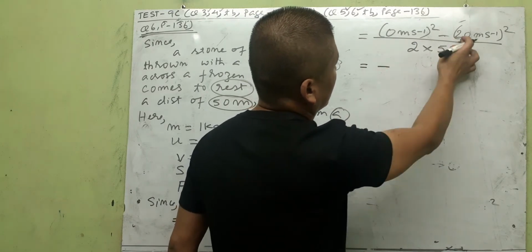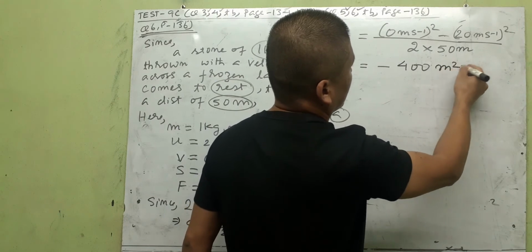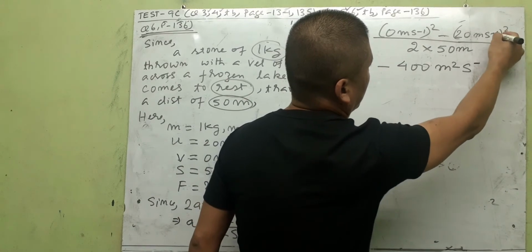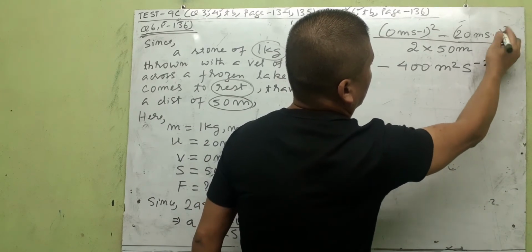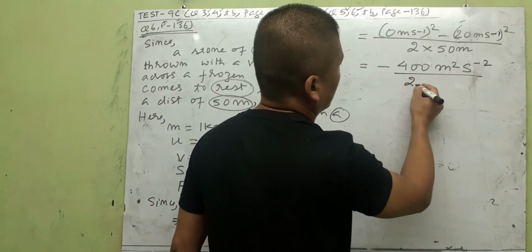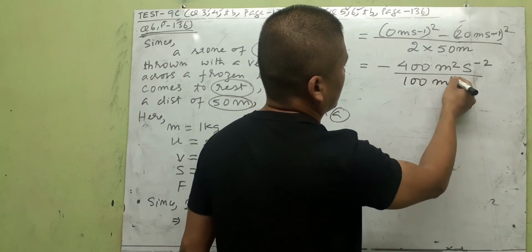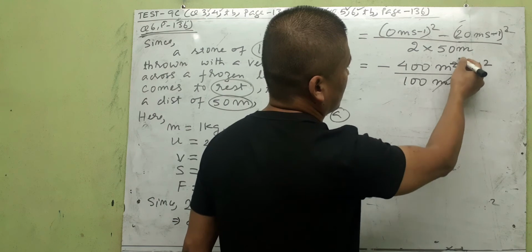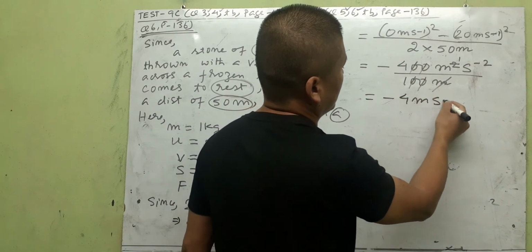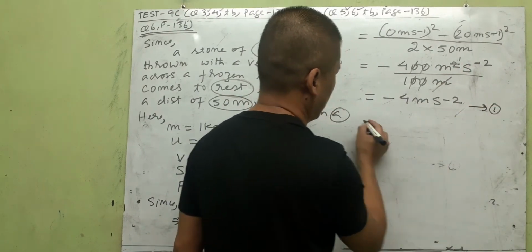Then 20 into 20 is 400, and meter to the power 2 is meter square, second to the power minus 2. Divided by 2 into 50, 100 meter. So I'm getting minus 4 meter per second square. So this is A, equation 1, let us say.